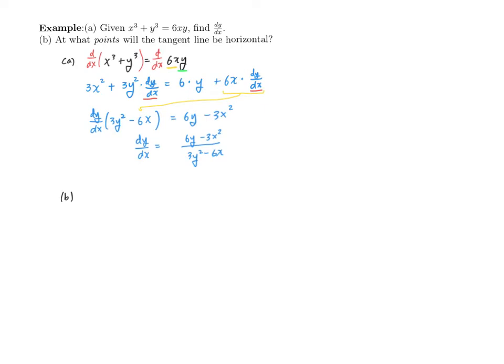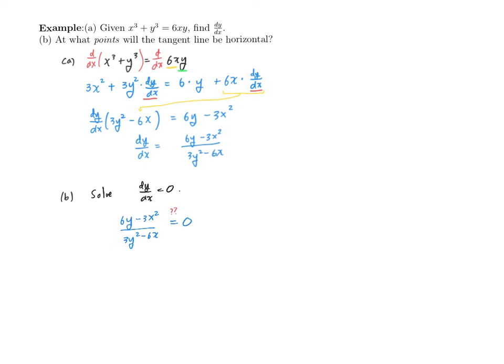So what we would like to do, and what we're being asked to solve for indirectly, is to solve the equation dy/dx equals 0. dy/dx above is 6y minus 3x squared over 3y squared minus 6x. And I want to know, where is this equal to 0? Solve for the x and the y that would satisfy it.